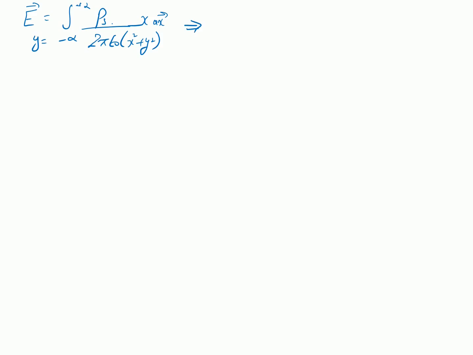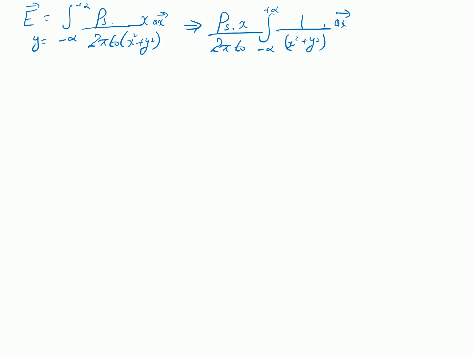Let us simplify it by removing the coefficients. So rho s can be taken out along with x divided by 2 pi epsilon naught, and then I can integrate from minus infinity to plus infinity the values of 1 divided by x square plus y square with a of x.